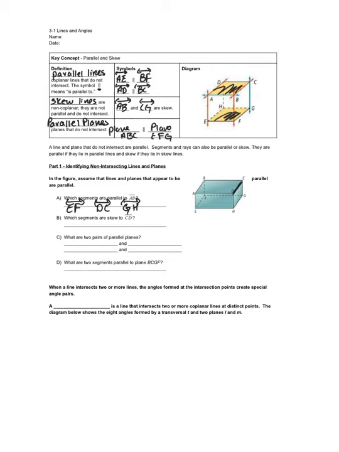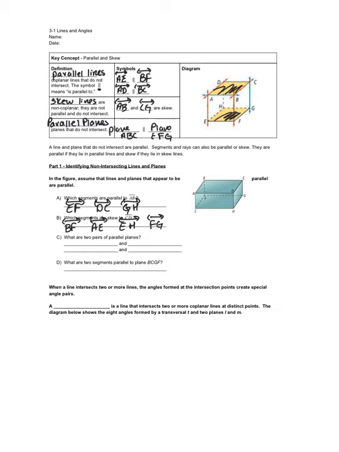So the skew lines are BF, AE, EH, and FG. All right. So skew lines do not lie on the same plane, they are not parallel, and they do not intersect.